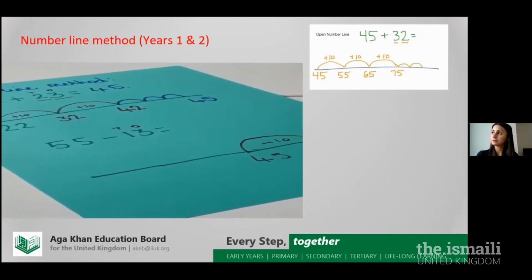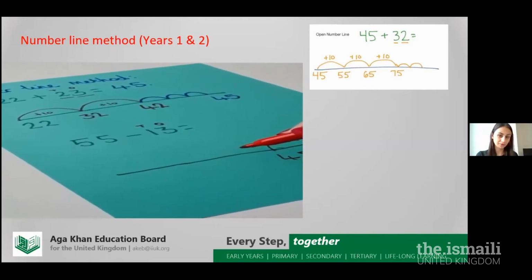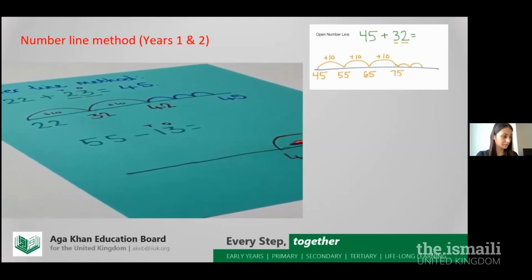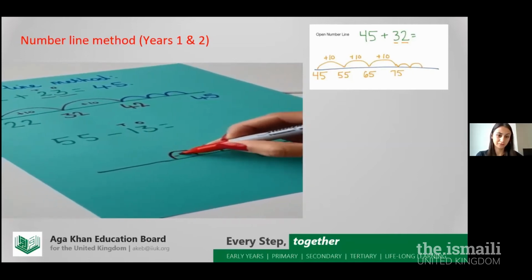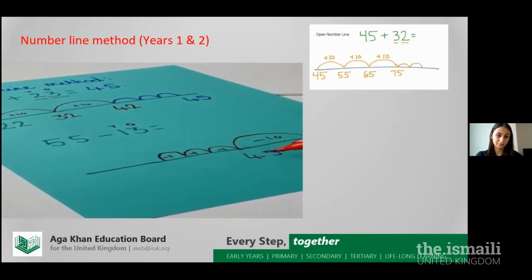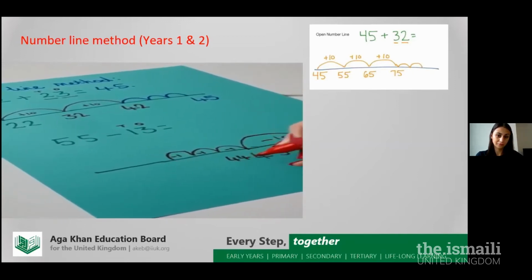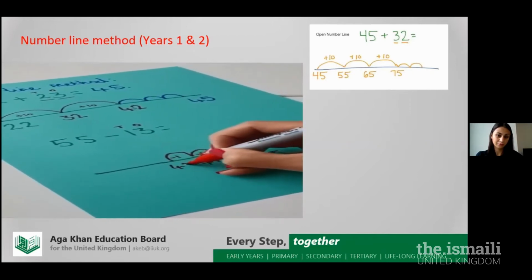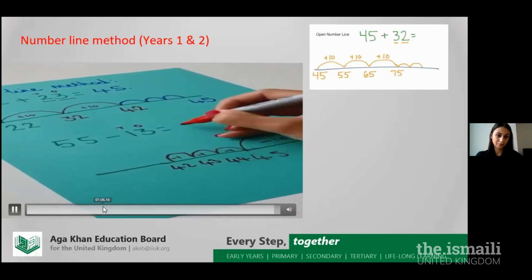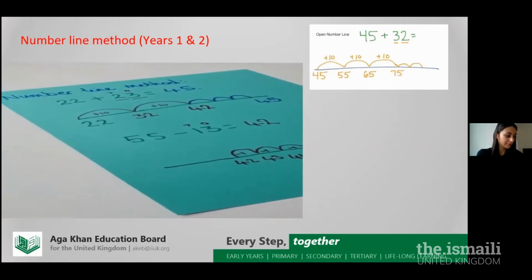And again, same as before, you can just do take away 3, or you can do 3 ones. Okay, so take away 1. So 45, take away 1 is 44, 43, and then 42, and then that's how we get our answer.